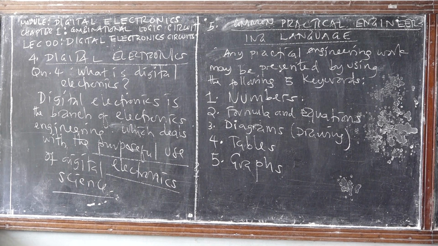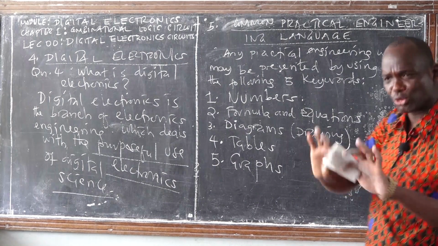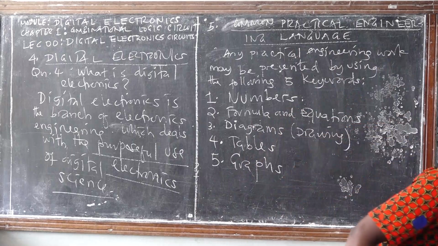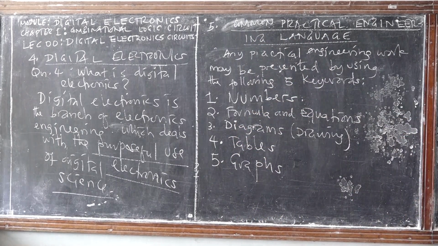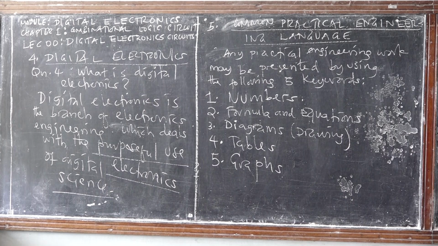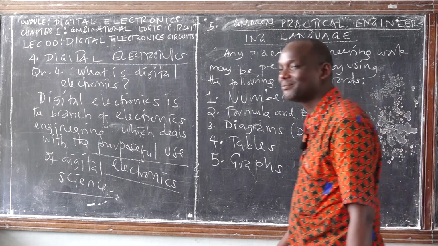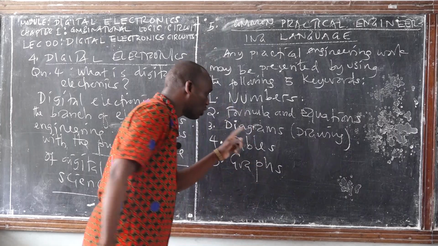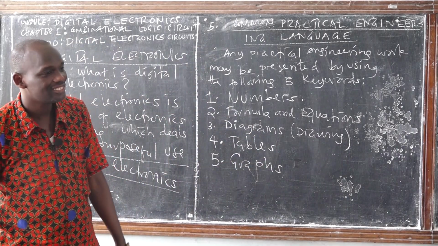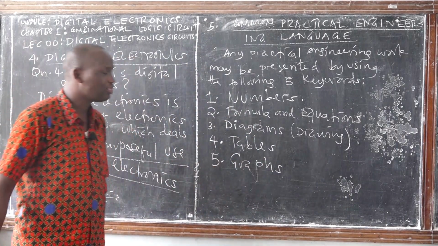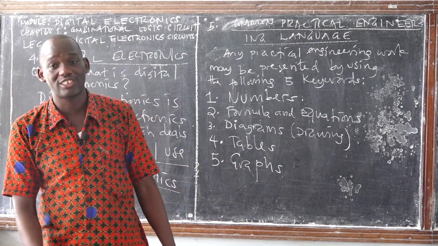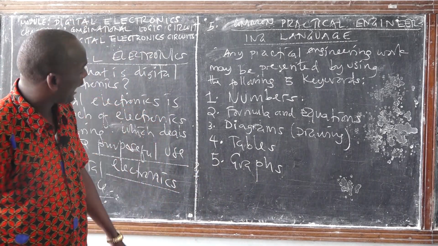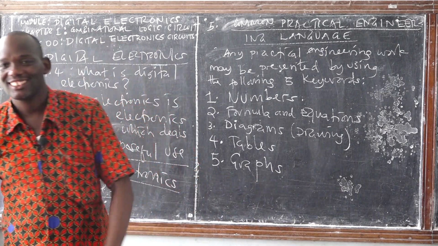If you want to be a competent practical mechanical engineer, from today, tell your neighbor, from today, I want to like mechanical engineering, and I would like you to talk in numbers, to talk in formulas and equations, to talk by using diagrams, to talk by using tables of results, and to talk by using graphs.